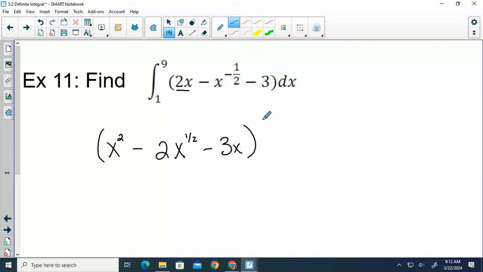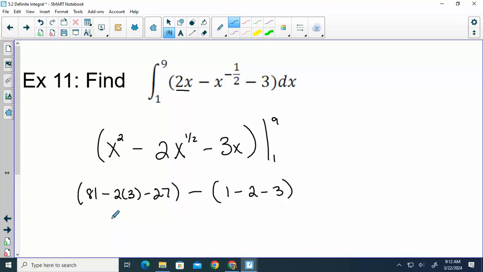I need to evaluate that from 1 to 9. So if I put in a 9, 9 squared is 81, minus 2 times 9 to the 1/2, or 2 times the square root of 9. The square root of 9 is 3. Minus 3 times 9 is 27. Then 1 squared is 1, minus 2 times the square root of 1, minus 3 times 1.